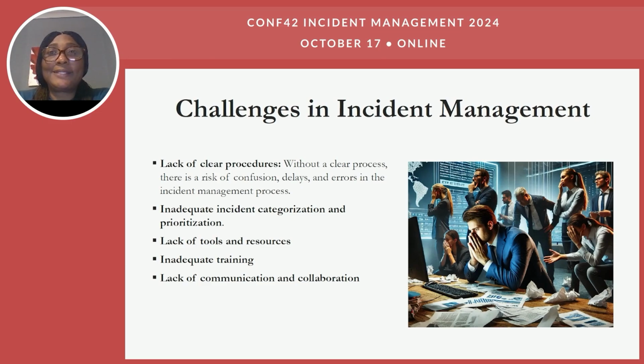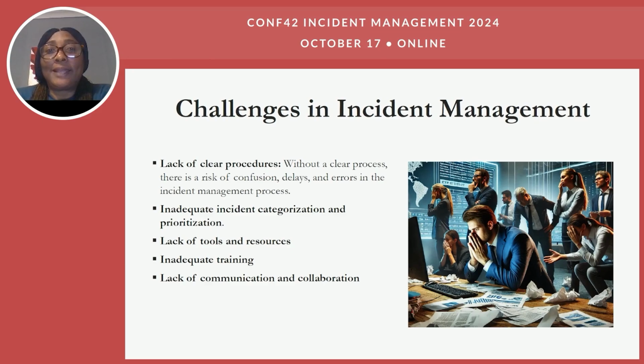Now we're looking at the challenges in incident management. One of the challenges is lack of clear procedures. Without a clear process, there's a risk of confusion and delay in response, especially when something goes wrong.